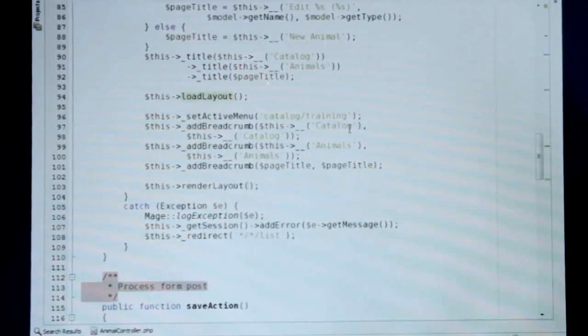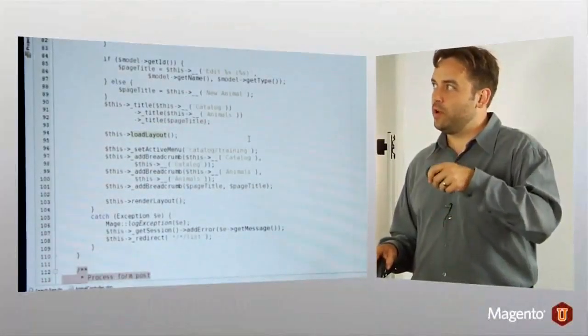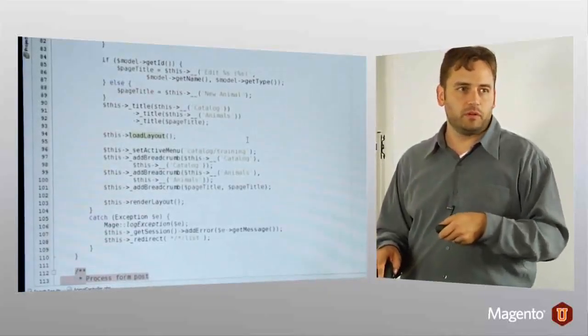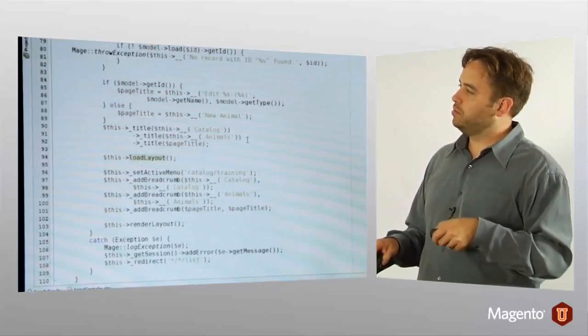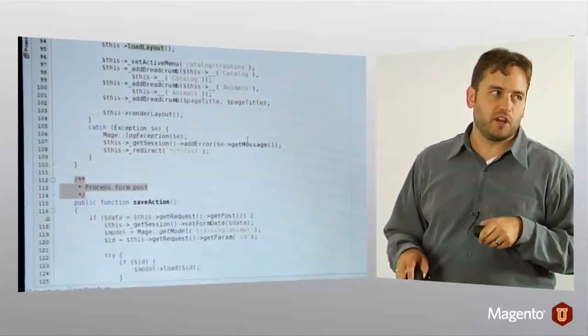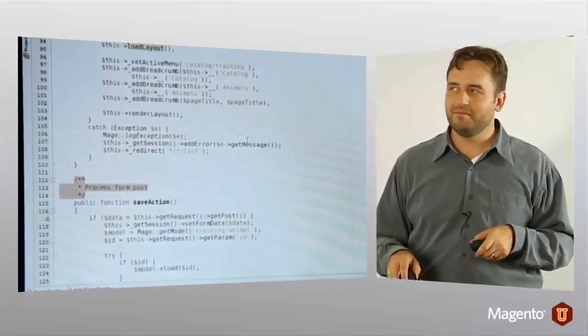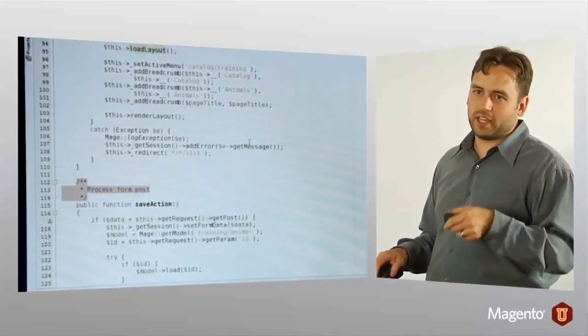And here we're changing the page title, or adding to that HTML title. Catalog animals and either new animal or edit zebra. Or edit Ben the zebra. And here we're setting breadcrumbs, again, just because we're scared that one day Magento will implement them. Of course, set the active menu, catalog training.